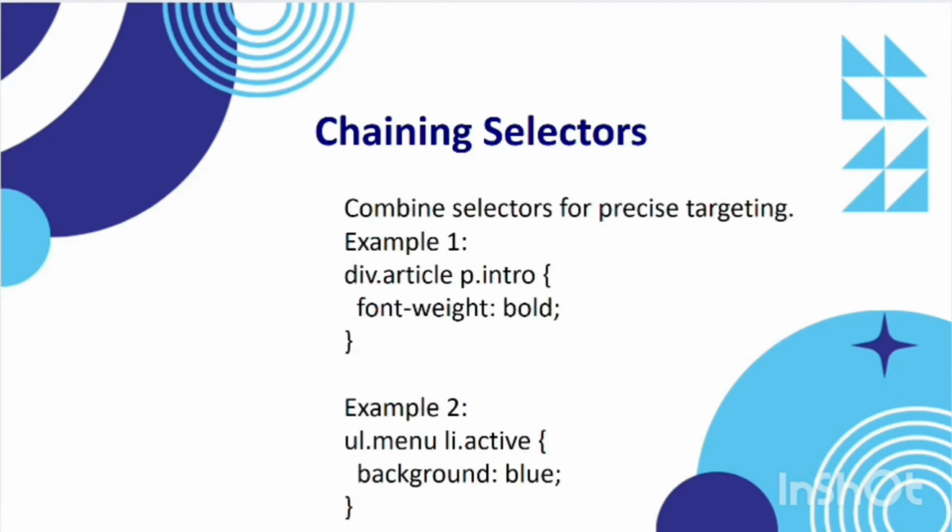Let's see another example. ul.menu li.active, background color blue. Only li.active items inside a ul.menu will have a blue background.